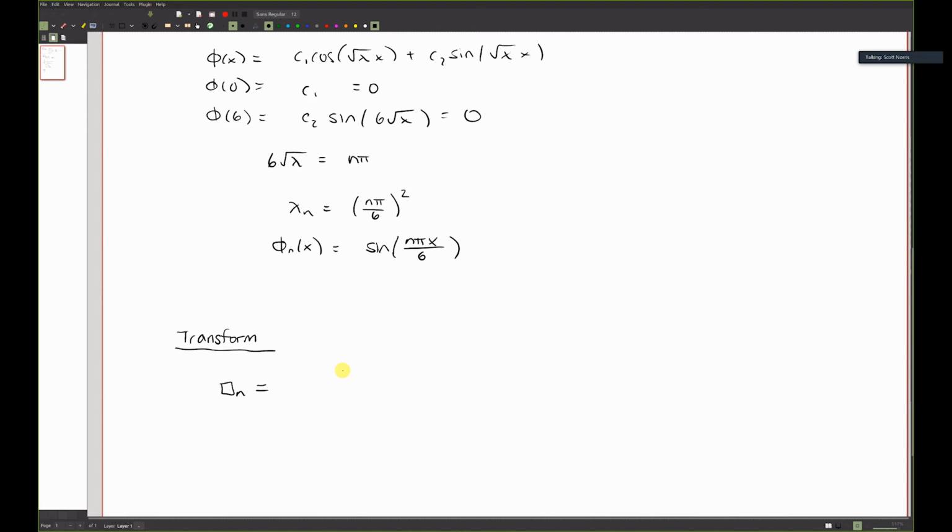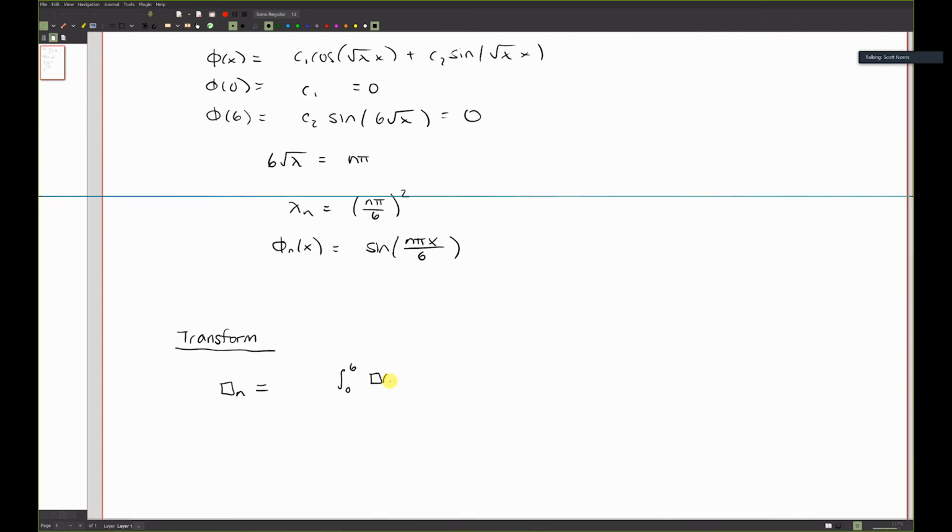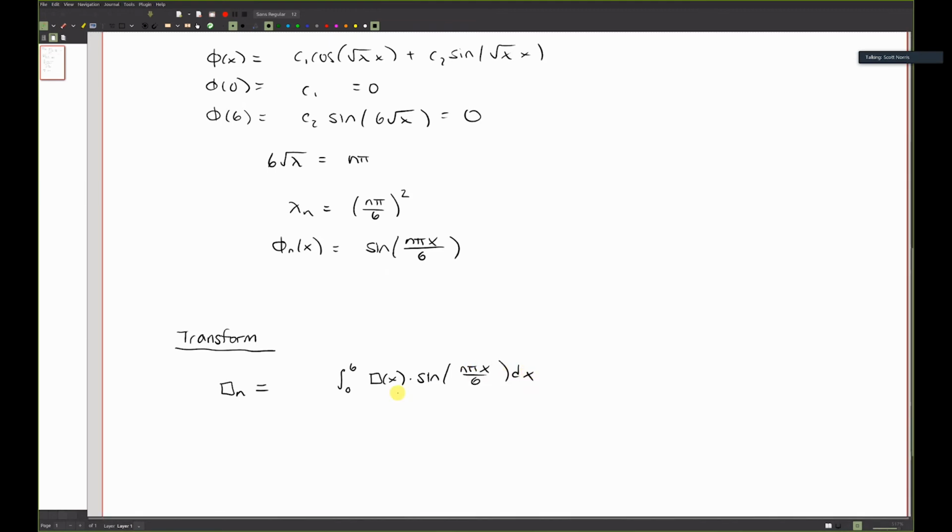So the transform of any function will be the integral from 0 to 6 of that function times sine n pi x over 6, divided by the integral from 0 to 6 of sine squared n pi x over 6 dx. And that denominator is going to be 3.